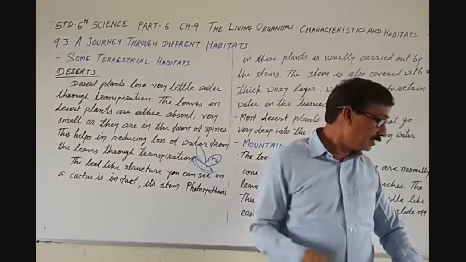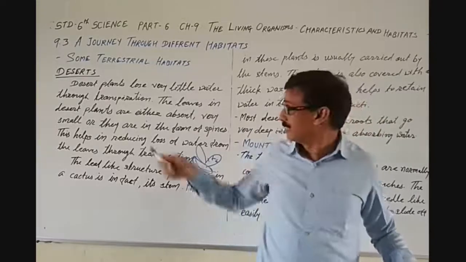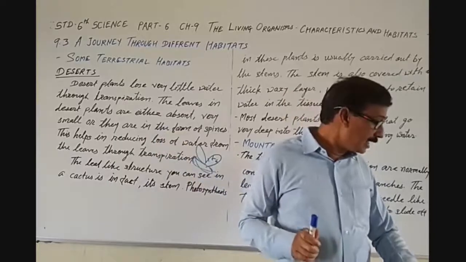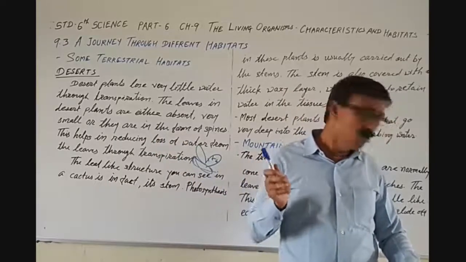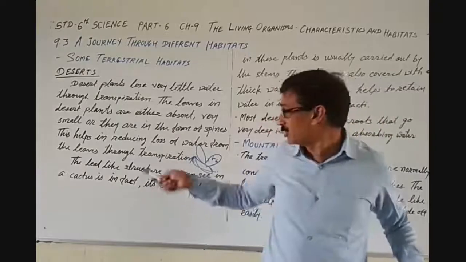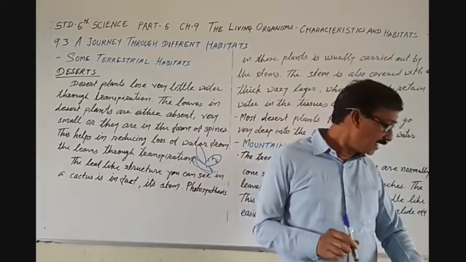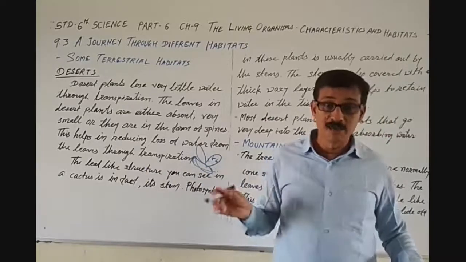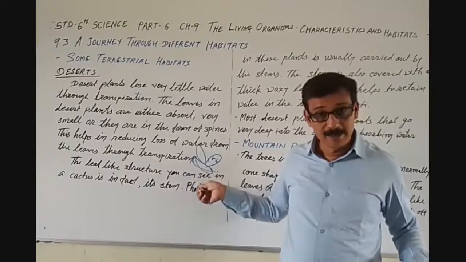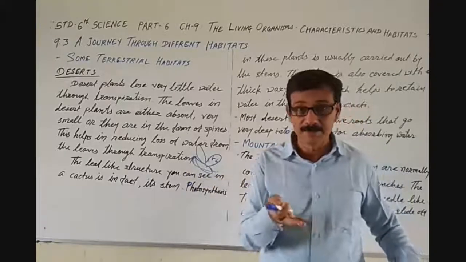Like, the leaves in cactus plants are small and few in number. That is what we discussed. Then its stem is covered with a waxy layer and converted into a leaf-like structure. Photosynthesis in these plants is carried out by the stem, and the leaf-like structure is its stem.